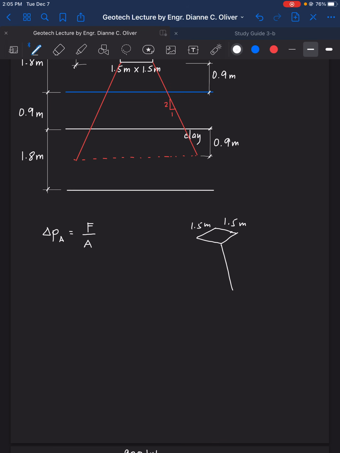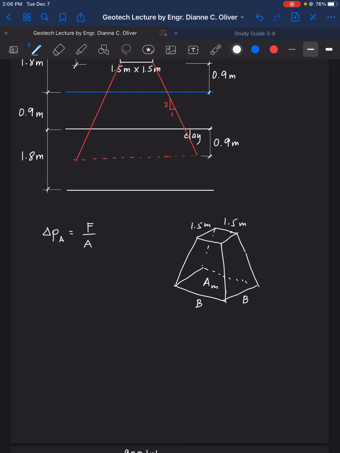If we follow the spread of the footing at one horizontal to two vertical, it will be a trapezoid. So there goes our spread. This is our area at the mid height of the clay layer, and we need to look for this.